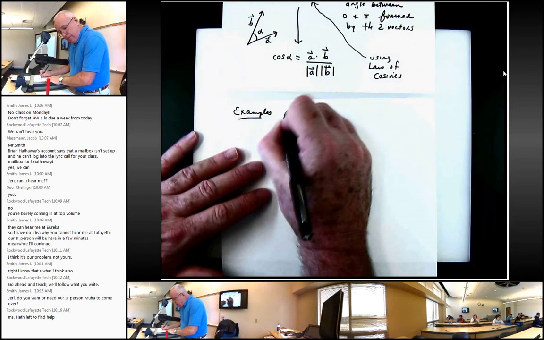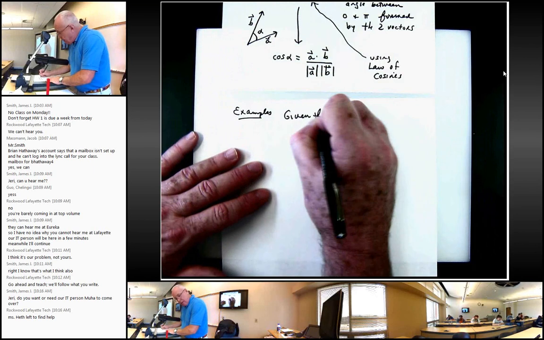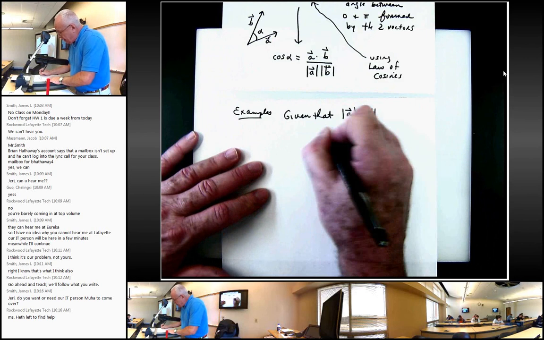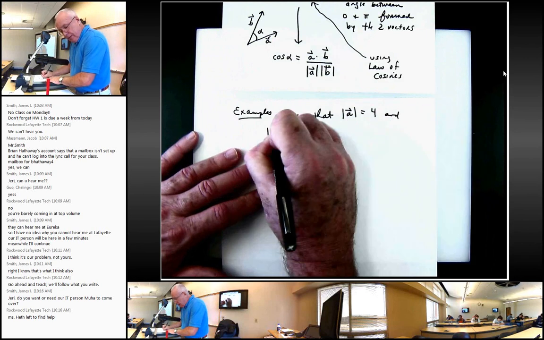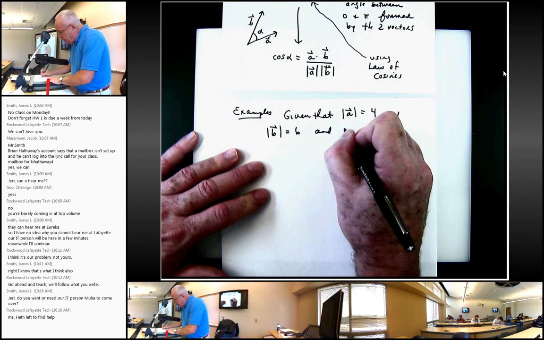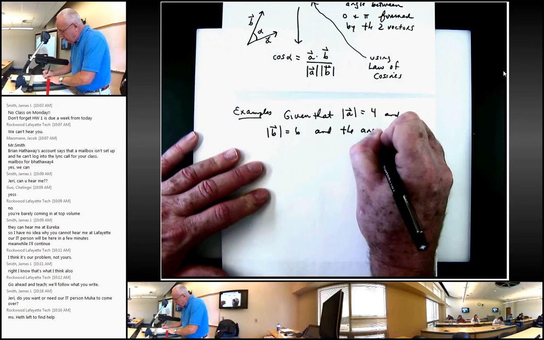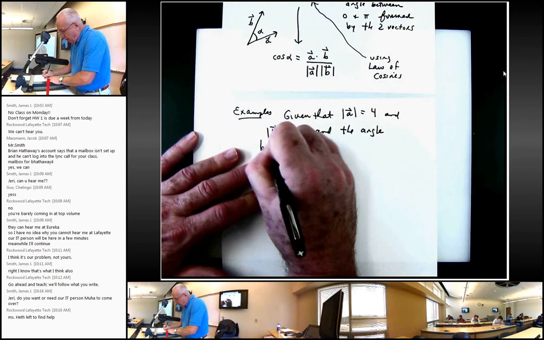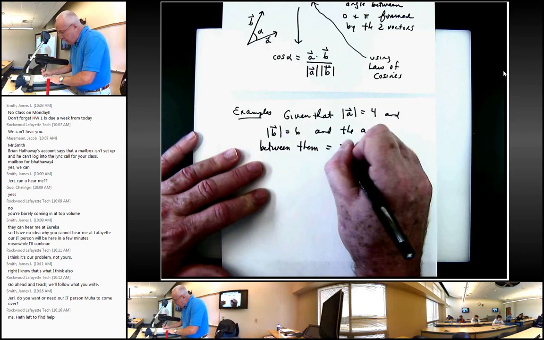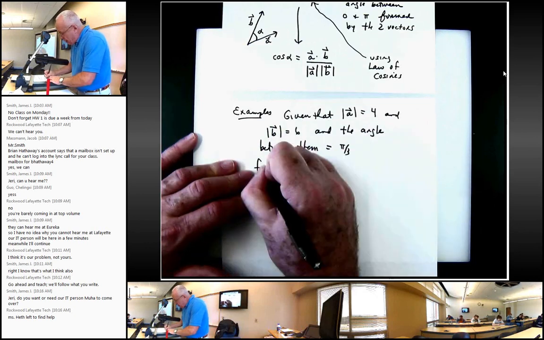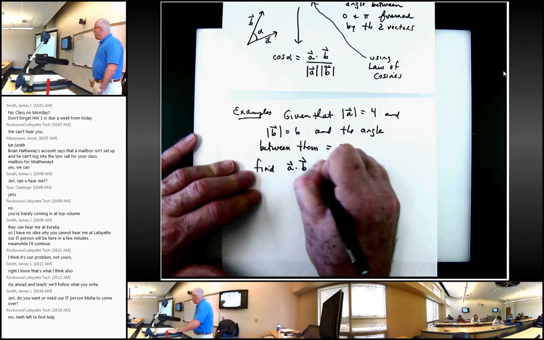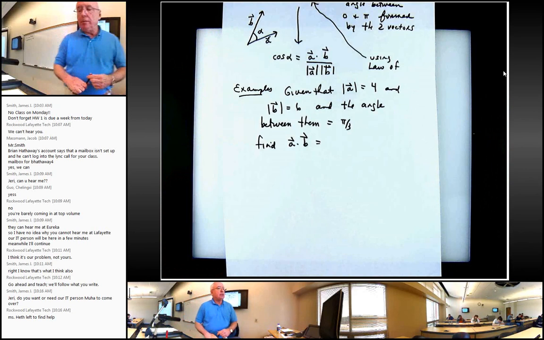So given that the length of A is equal to 4, and the length of B is equal to 6, and the angle between them is equal to pi over 3, we can now find the dot product of A and B. So we just use that geometric formula.